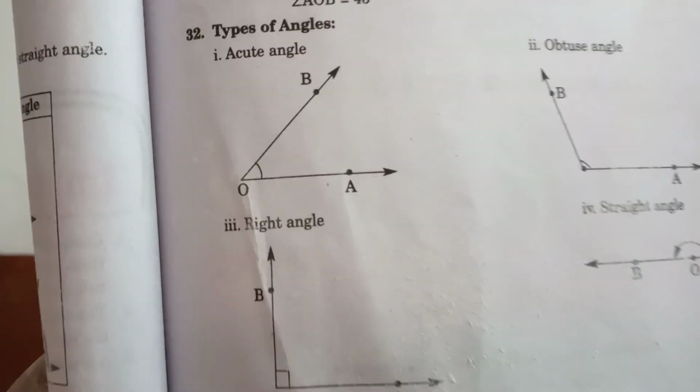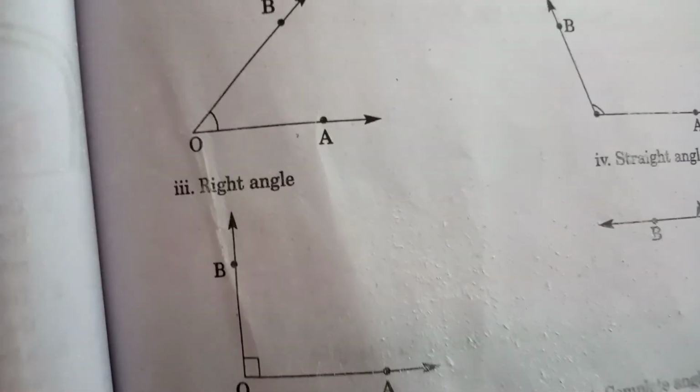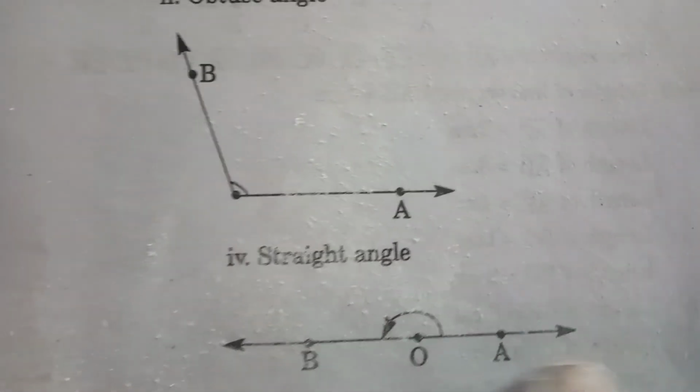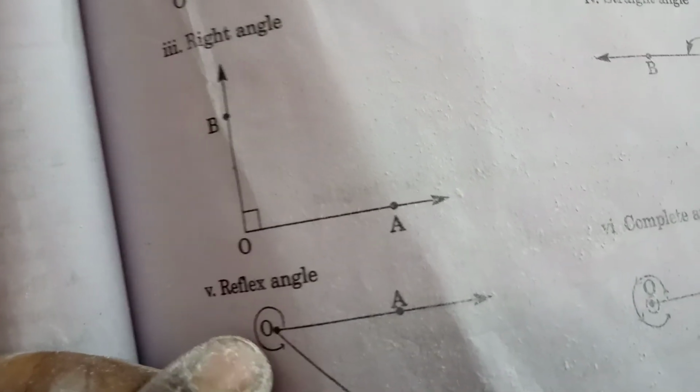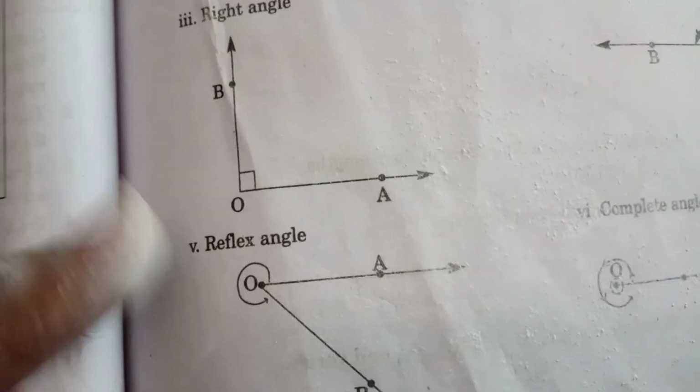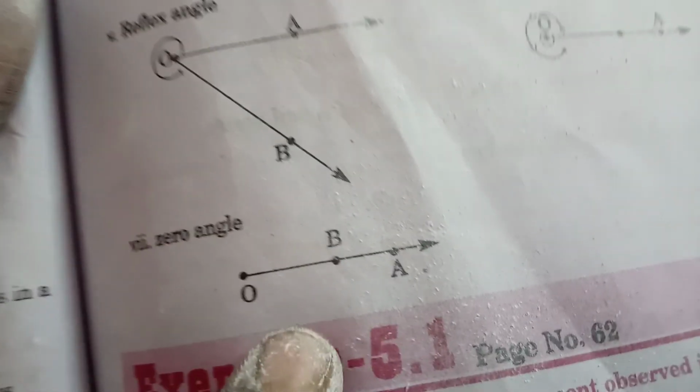A right angle is in an L shape, equal to 90 degrees. A straight angle is like a line segment, completely straight. A reflex angle lies between 180 degrees and 360 degrees. A zero angle has no angle.